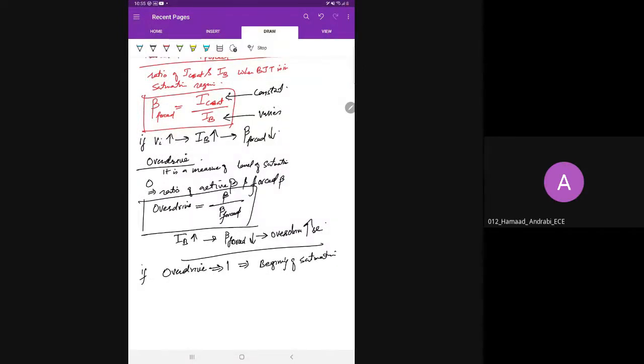If overdrive is greater than 1, it means the transistor is in saturation. And if the value of overdrive is much higher than 1, it means that the transistor is in hard or strong saturation.